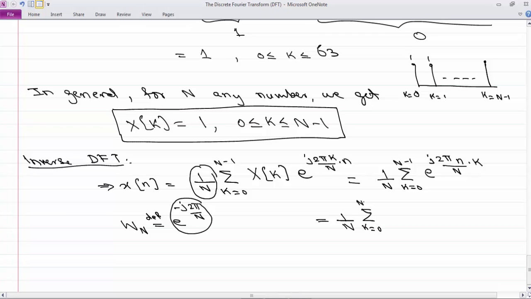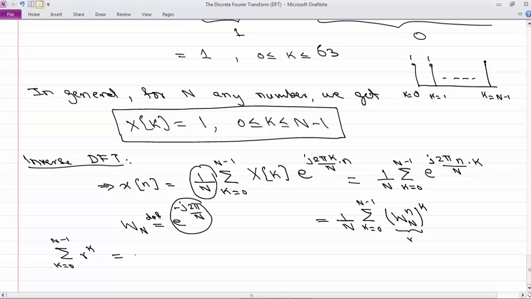So this sum can be written as the sum over k from 0 to n minus 1 of W_N to the n, raised to the power k. Okay, so this is like r in your geometric sum. Your geometric sum is given by the summation, let's say k from 0 to n minus 1, of r to the k, right?